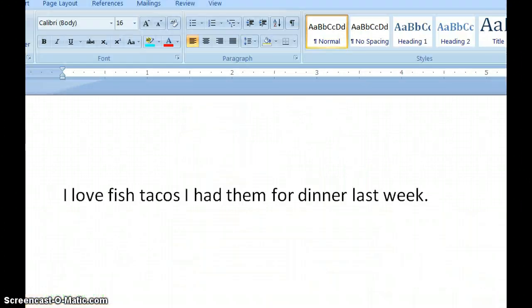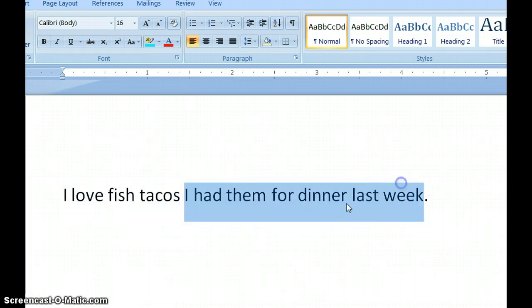Okay, so here we are at our third run-on sentence. Take a moment, pause the video, and figure out where the separation between the two independent clauses should be. Okay, the first independent clause is I love fish tacos. And then the second independent clause is obviously the rest of the sentence: I had them for dinner last week.